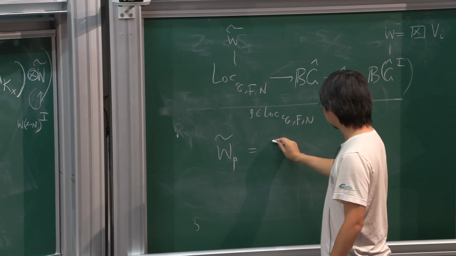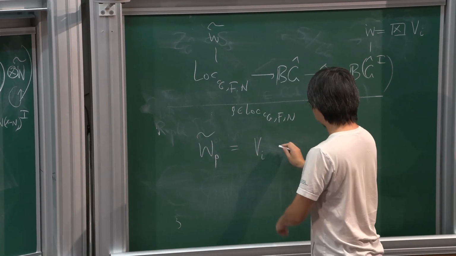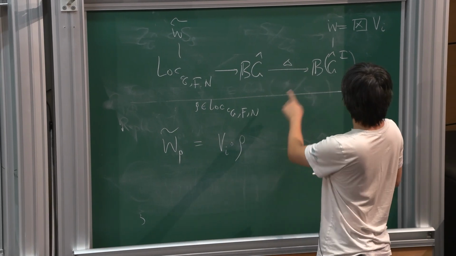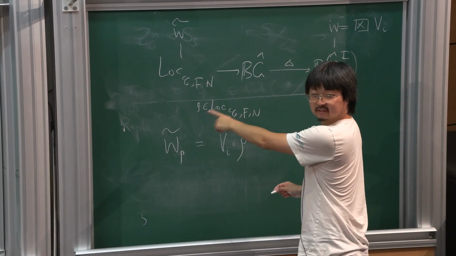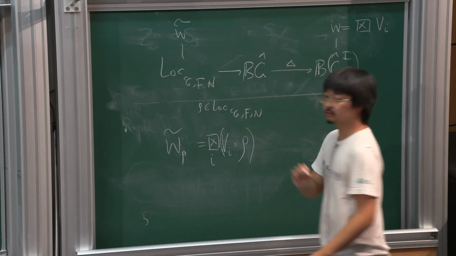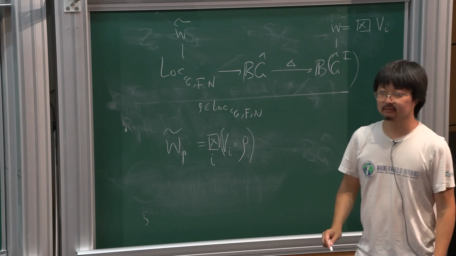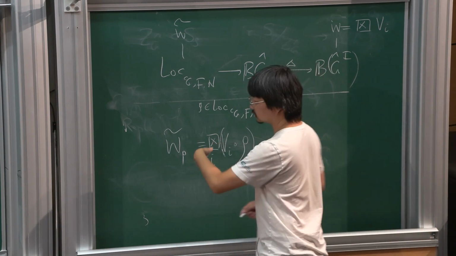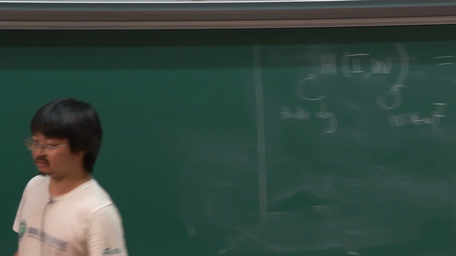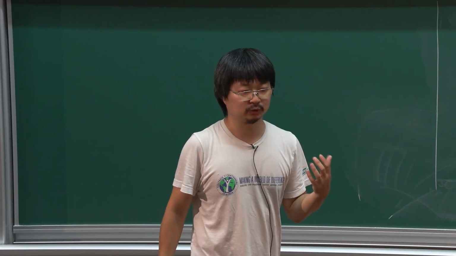On the ith copy, I have this rho, a map from Galois to Ĝ, and it acts on W_i and tensors. Okay, so then it admits an action.